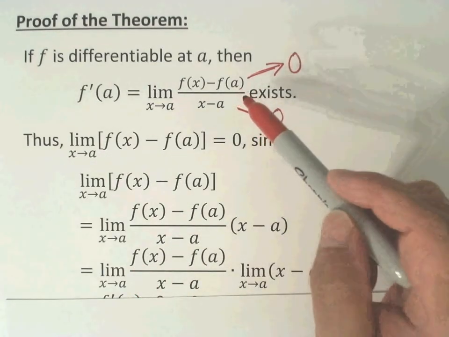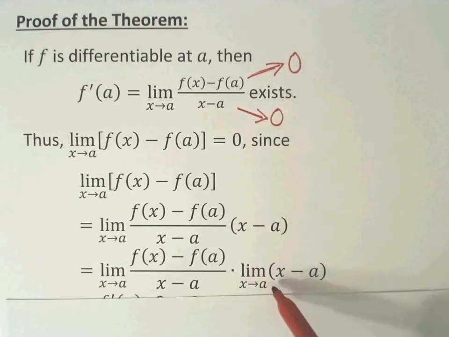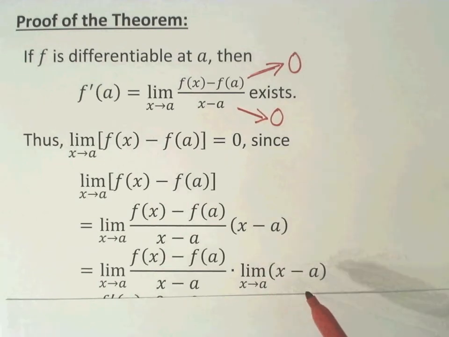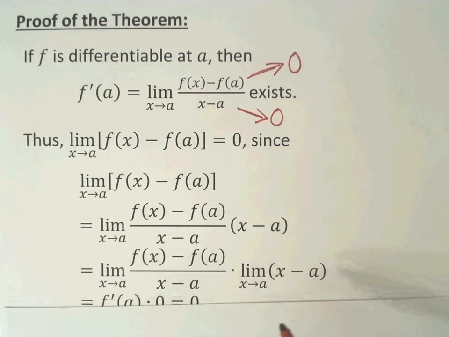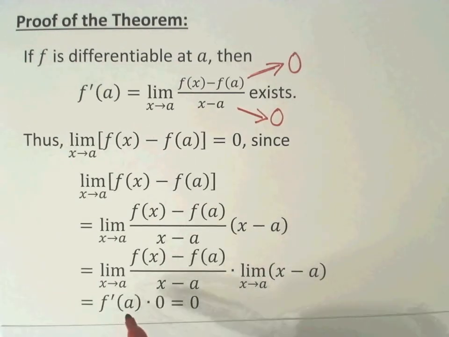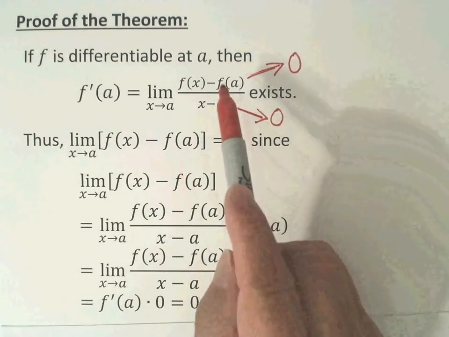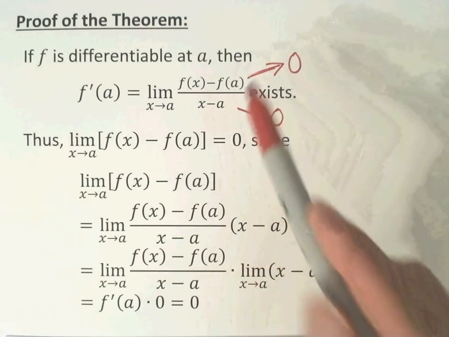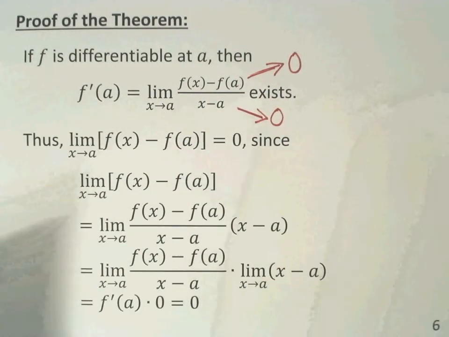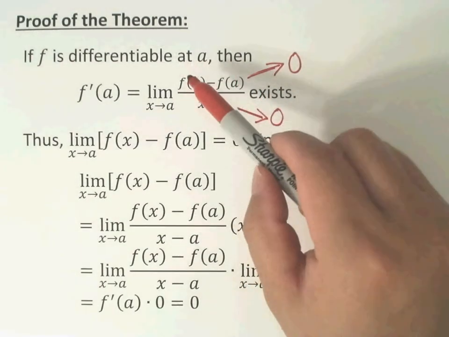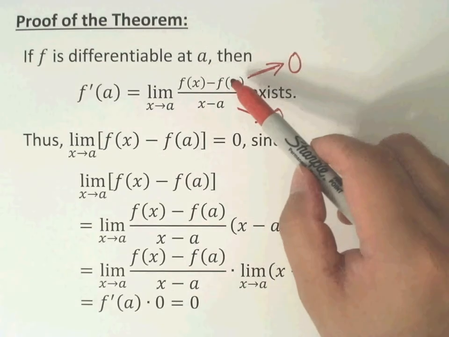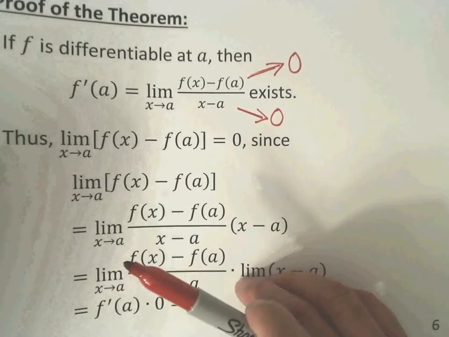So this limit is the first limit times the second limit. The first limit is exactly the derivative, a number that exists, right? The second limit is what? It is 0. Therefore, this limit is the derivative times 0, which is 0. That's what we exactly see. The top goes to 0. If the top goes to 0, we say the limit of f should equal f of a.